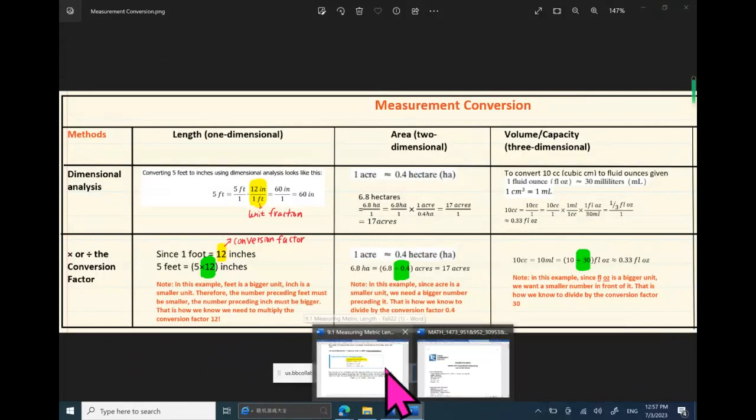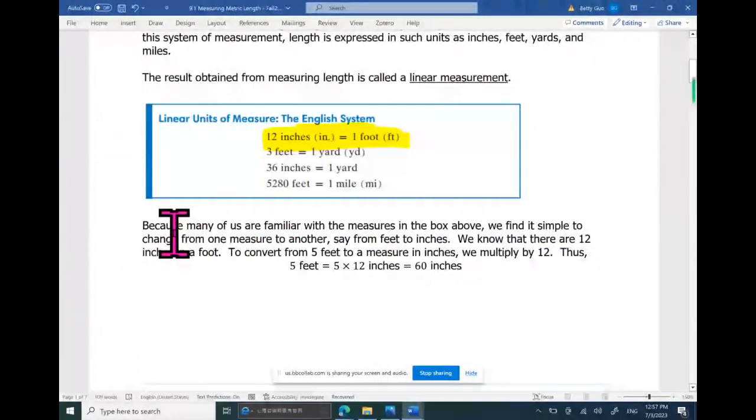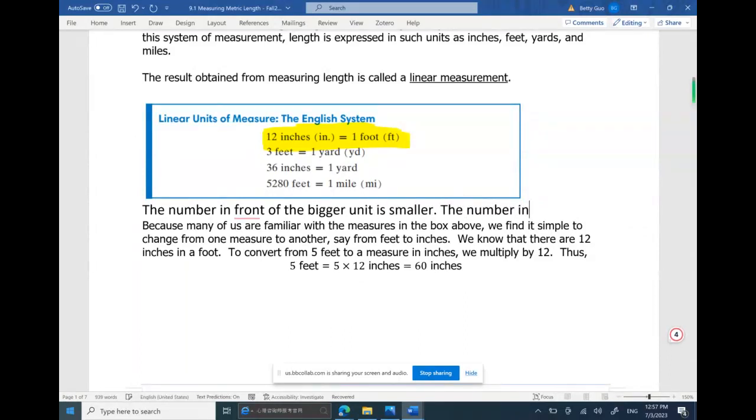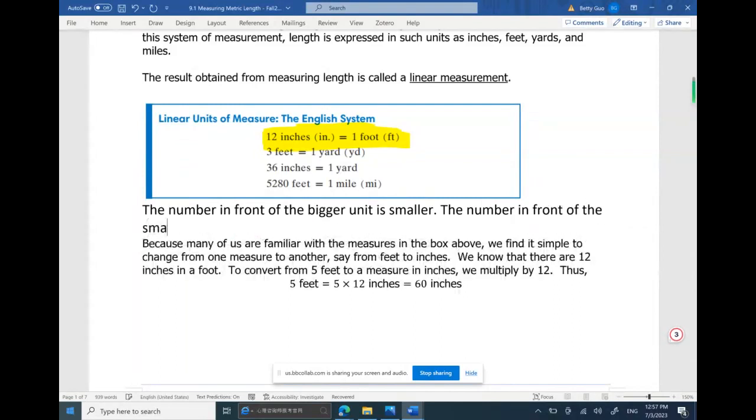So very, very important, we need to remember the number in front of the bigger unit is smaller, and the number in front of the smaller unit, because we're converting between two units, right? One is a smaller unit, the other is a bigger unit. The number in front of the smaller unit must be a bigger number.